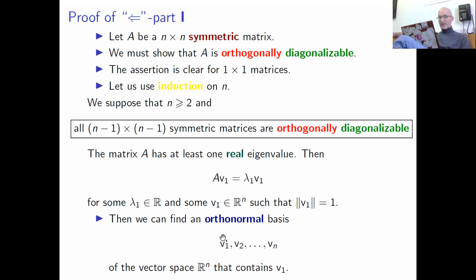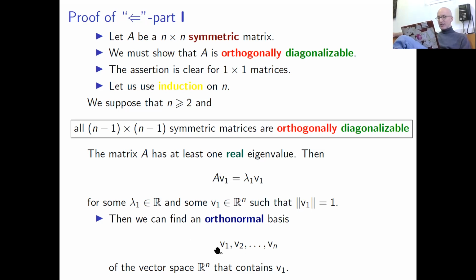Okay, the first vector v1 is an eigenvector of A with eigenvalue lambda 1, but all the remaining vectors in this collection are just some vectors. They are not eigenvectors of matrix A. We more or less almost randomly choose them.